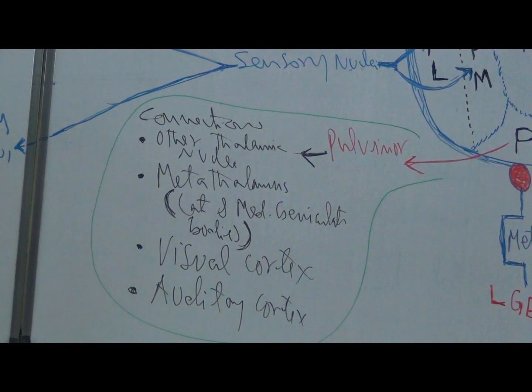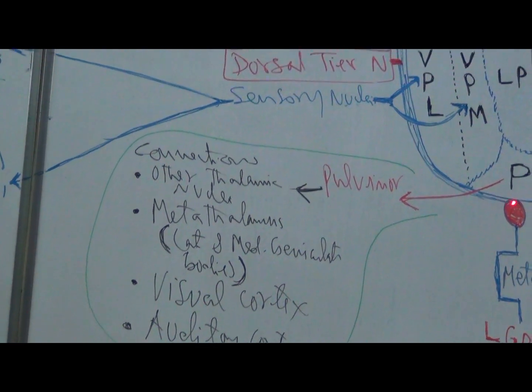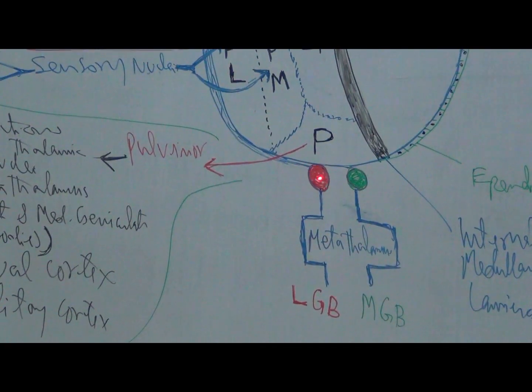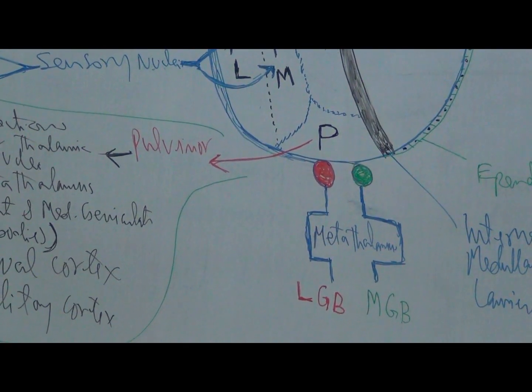Then I told you that on the inferior surface of the pulvinar is the metathalamus, comprised of two bodies, lateral geniculate body and medial geniculate body.